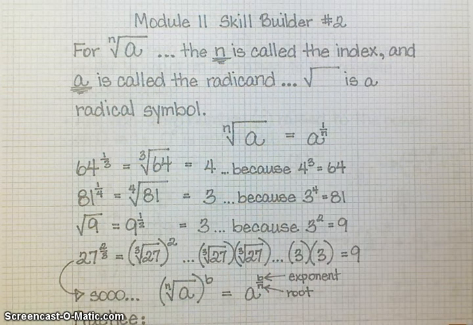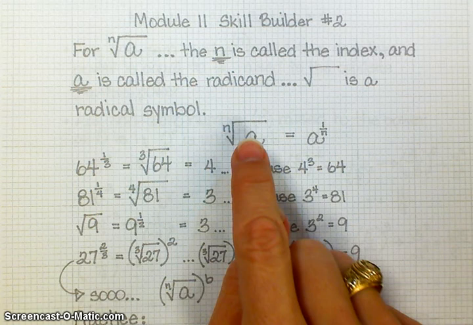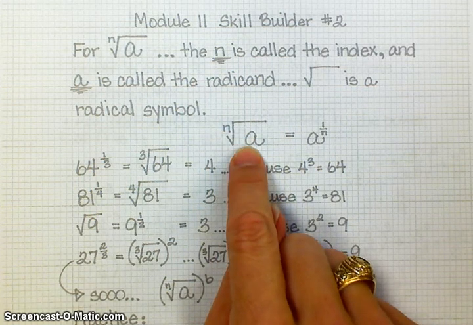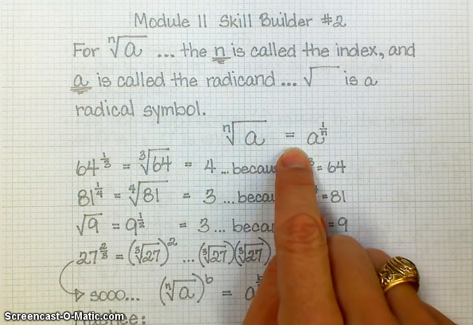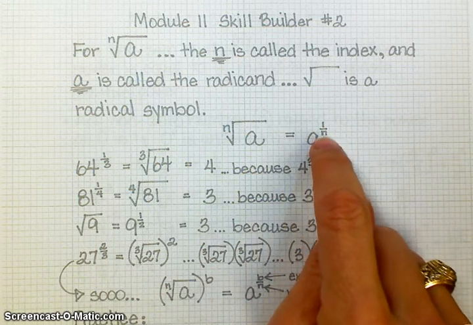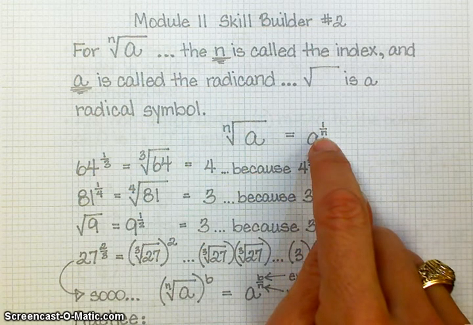Look closely. If I write it this way, the nth root of this number a, it's the same as me saying a raised to the 1 over n power.